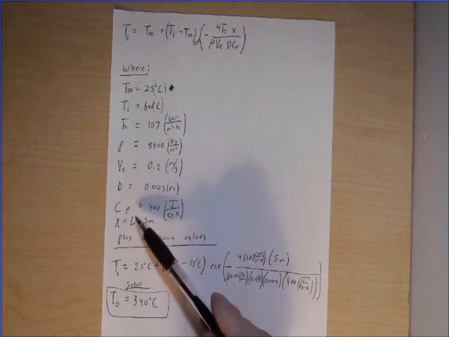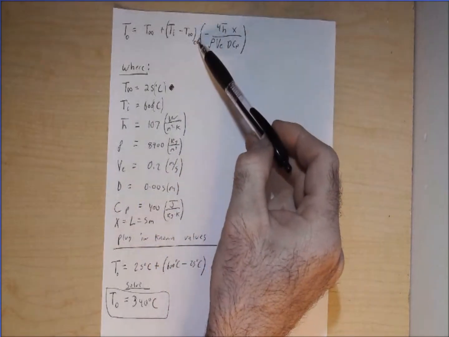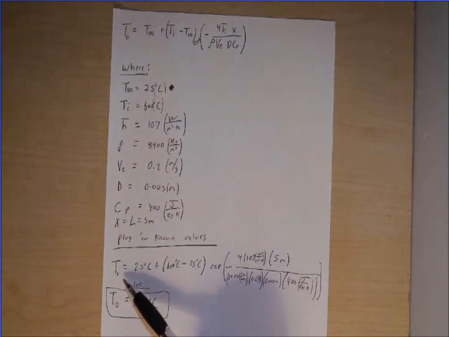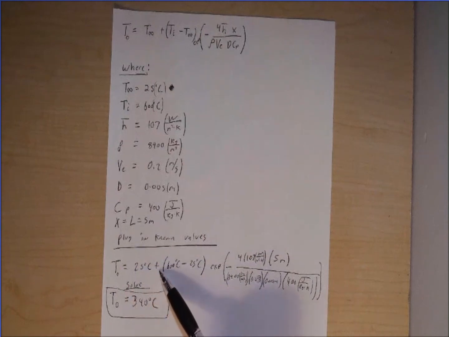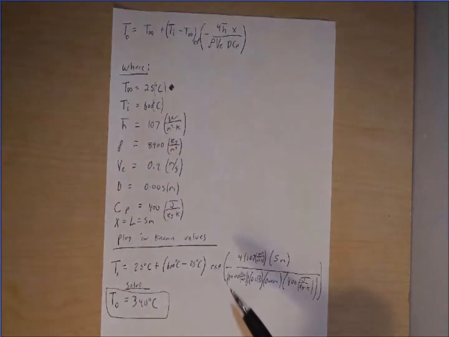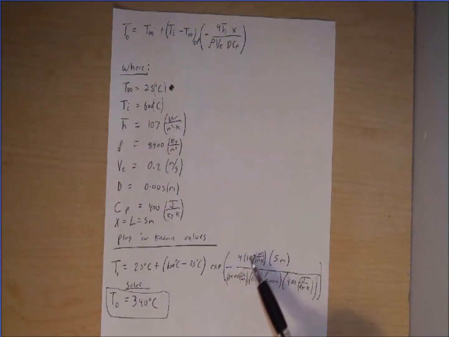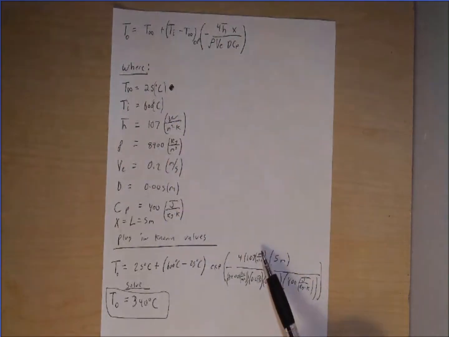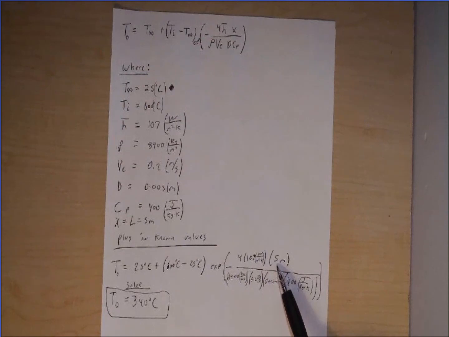So with all these known values, we can plug these back up here into this equation. So now we have T sub o is equal to 25 degrees Celsius plus 600 degrees Celsius minus 25 degrees Celsius. We plug in for T sub i and T sub infinity based off our given values, to the exponent negative 4 times our h bar value of 107 watts per meter squared times Kelvin, times our x value, which is 5 meters.